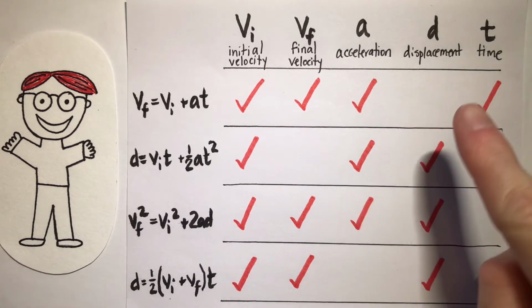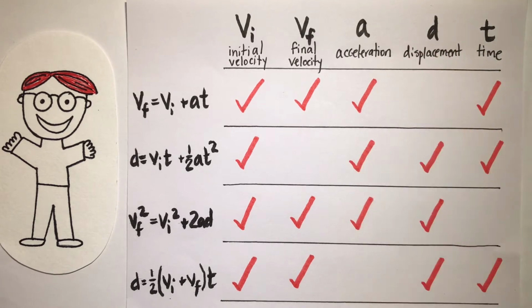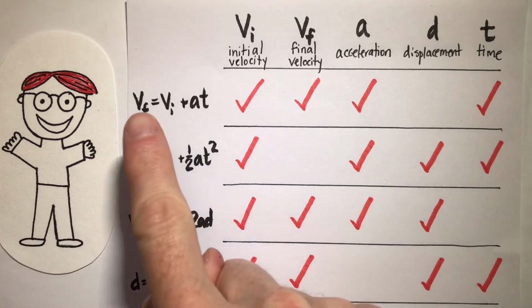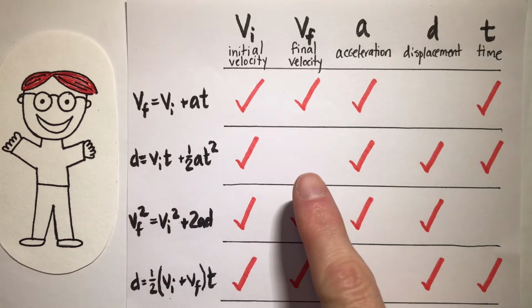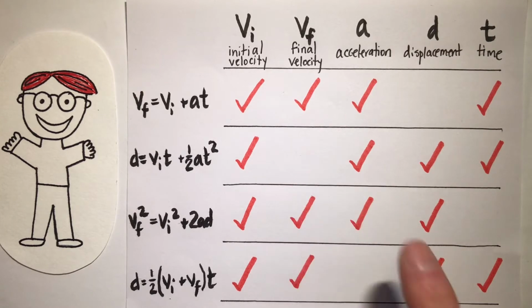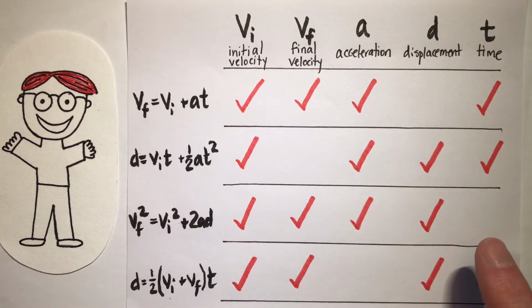There is no check mark here in this first equation, which indicates that this variable is completely irrelevant to this equation. And as you look throughout the table, you will notice which variable is completely irrelevant in every single equation. This is helpful because it'll help us to identify which equation it is that we need to use for a given problem. All we really have to do is figure out which variable is not present.